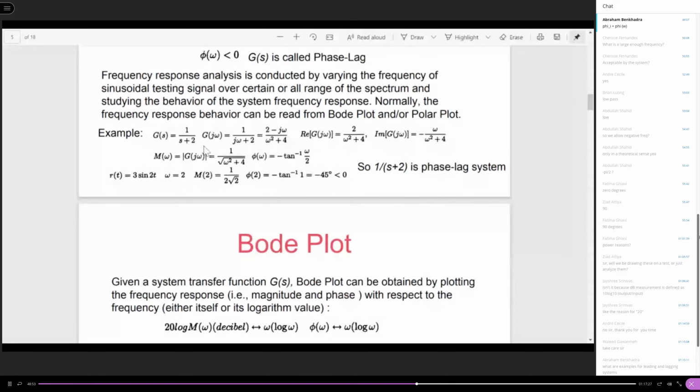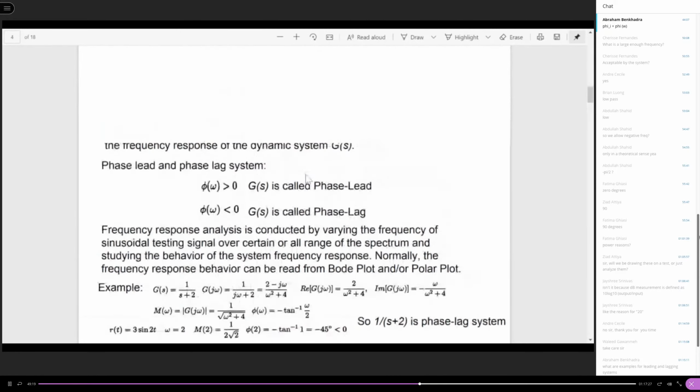As omega increases from 0 to infinity, when omega reaches infinity, what is M of omega's value? It's 0, right? So if omega goes to infinity, the magnitude M of omega is 0.